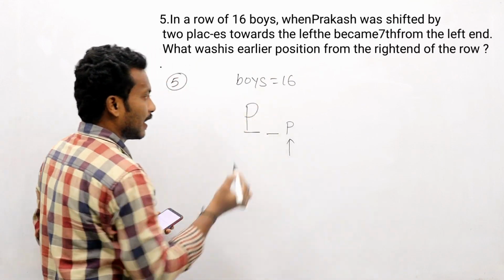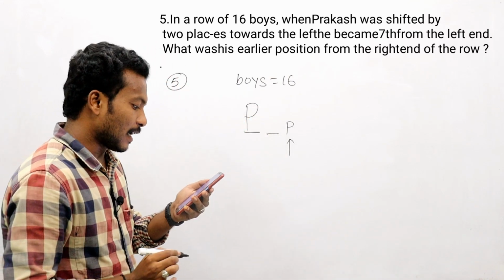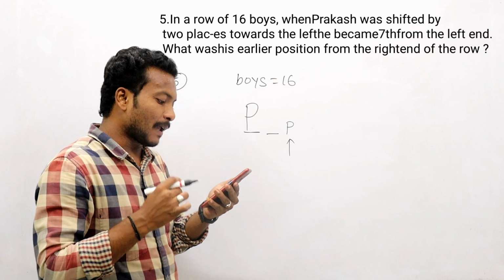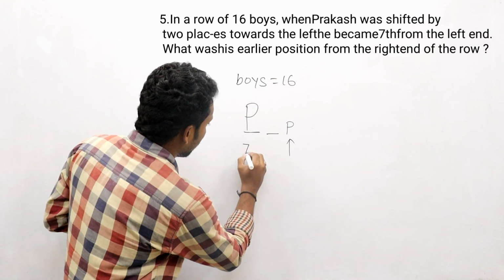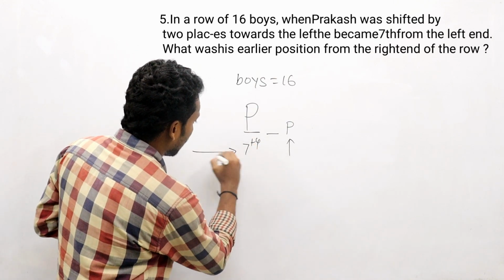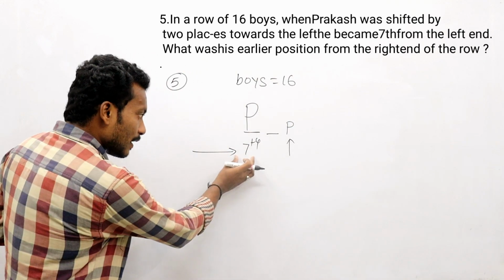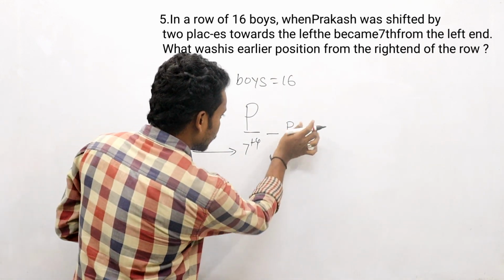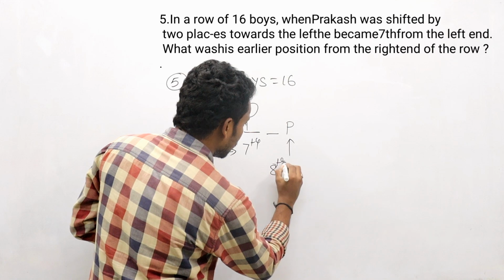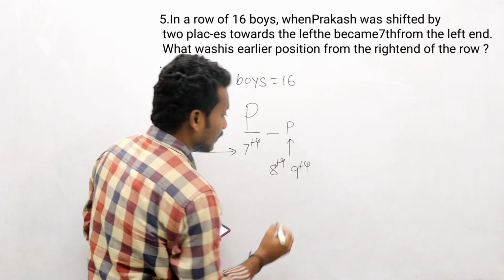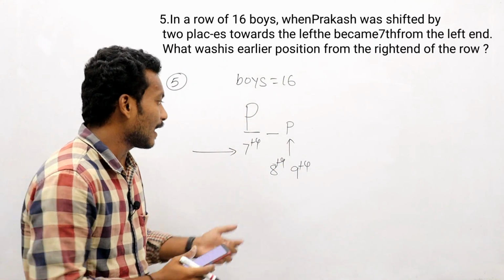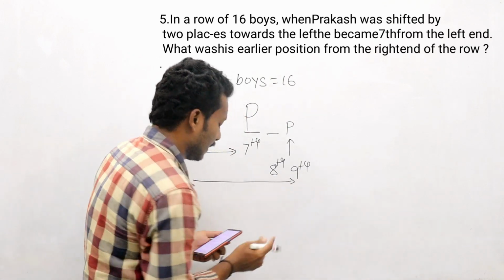Now Prakash is here, 2 places toward the left. He became 7th from the left. Now he is 7th. What about this place? This is 8th. What about earlier? 9th. So Prakash was earlier 9th from the left.